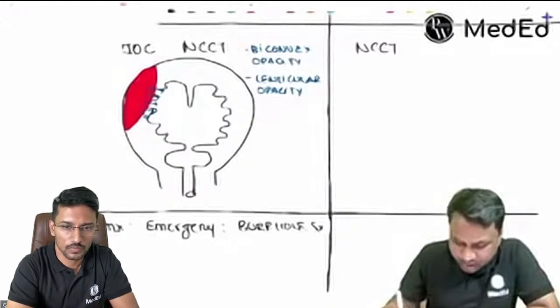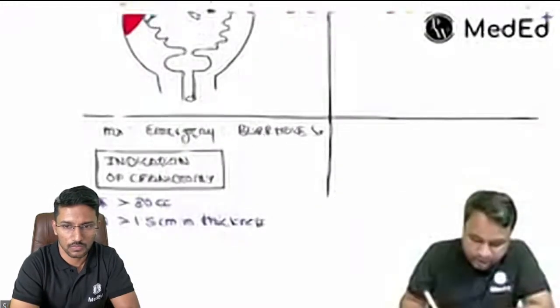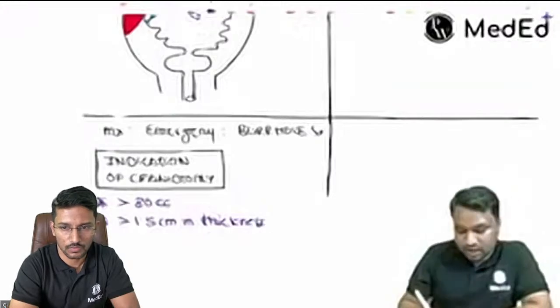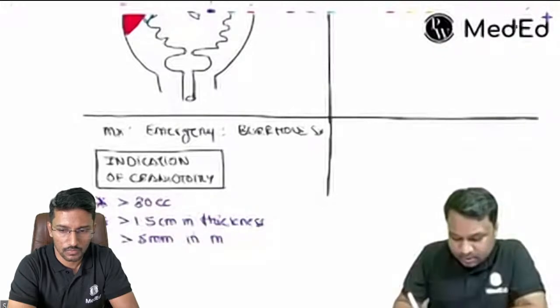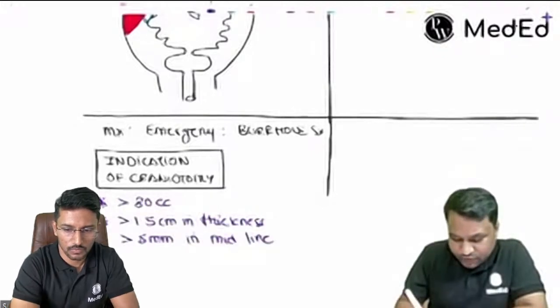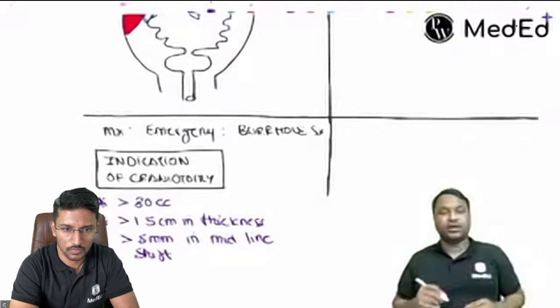Number one, if the size of the clot is more than 30 cc in total volume. If it is more than 1.5 centimeters, the falx cerebri is going to move to the other side, and that is what we call a midline shift. And if there is a midline shift of more than 5 millimeters, this is the indication for craniotomy in the current scenarios for extradural hemorrhage, right?